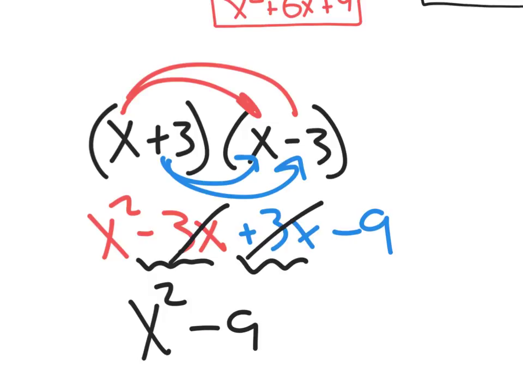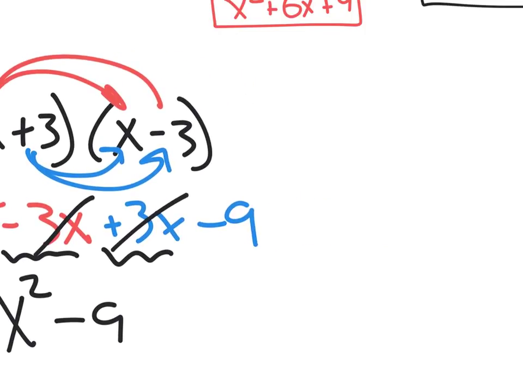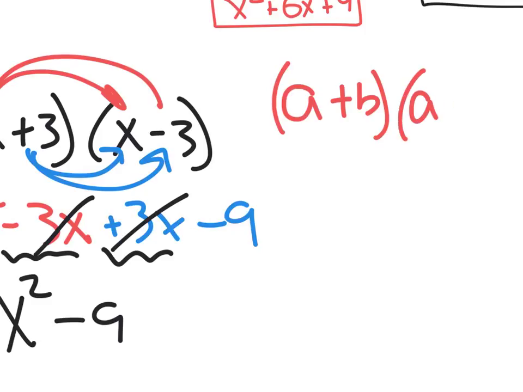Okay? So the shortcut that they want us to learn in this situation is this. When you have a binomial, a plus b, and you multiply it by the same a and b values, but with a sign change in the middle of your binomial, then you know that your middle terms will cancel out, right?